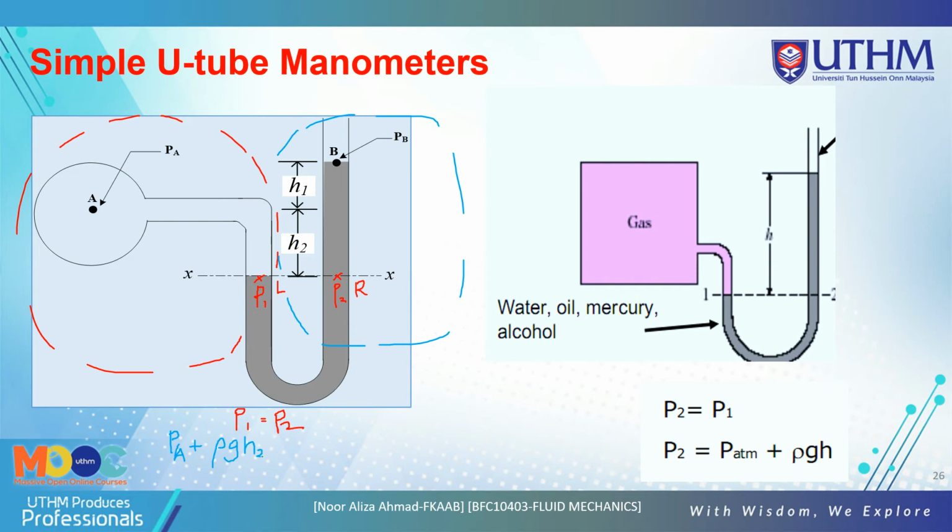They have H2 here because the gauge is at the same level. And P2 here includes PB, plus the P gauge in here, plus rho G H, where H is H1 plus H2.